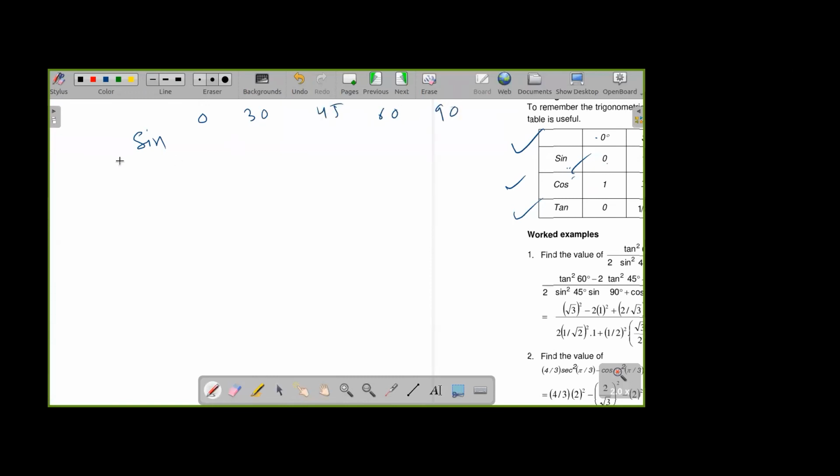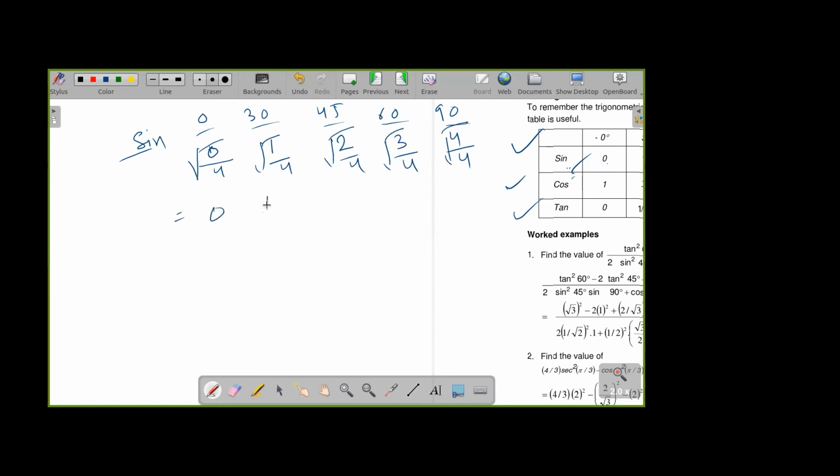We have to remember just this one thing. Start with 0, then 1, 2, 3, and then 4. Divide everything by 4. Take the square root of everything. Then we get the answer.